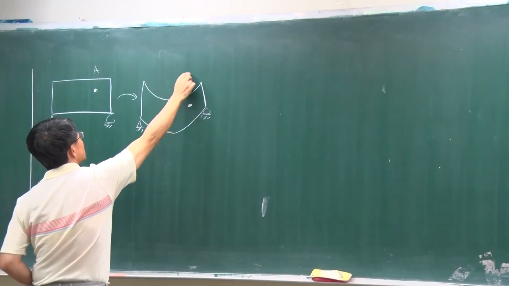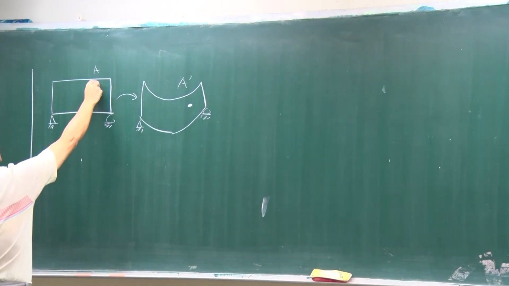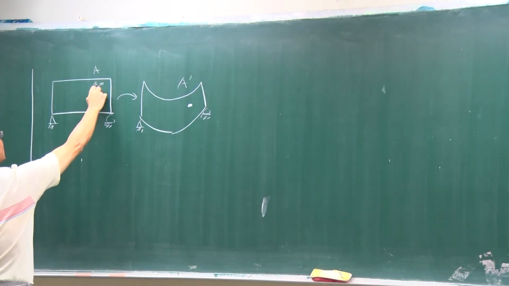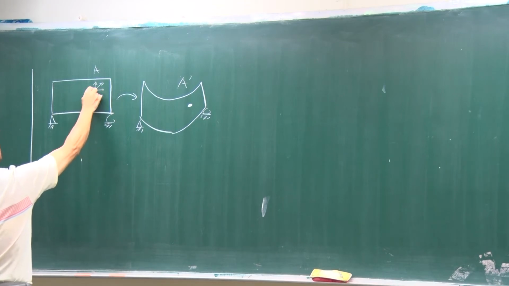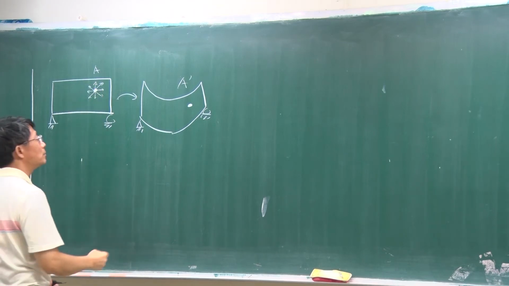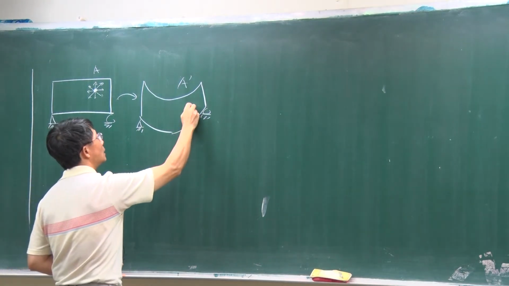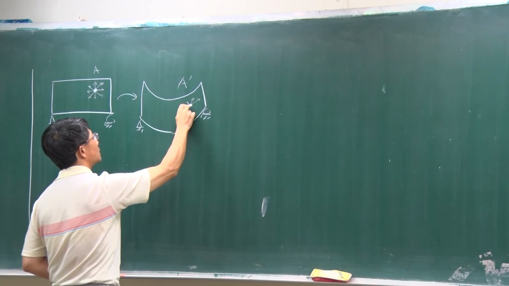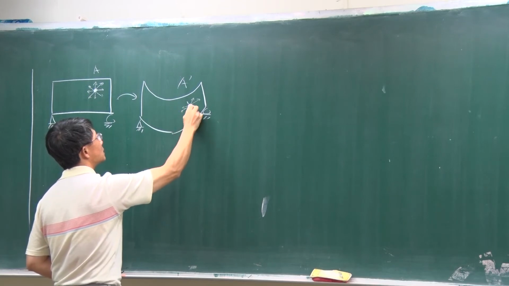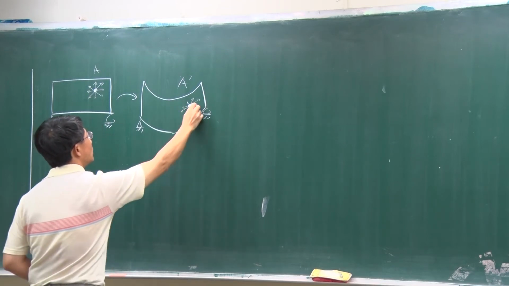Around this material point, we have a lot of material lines. It is an ellipse, as we have mentioned before.